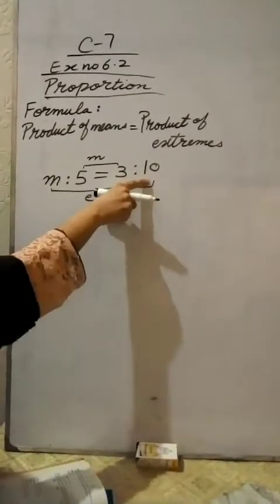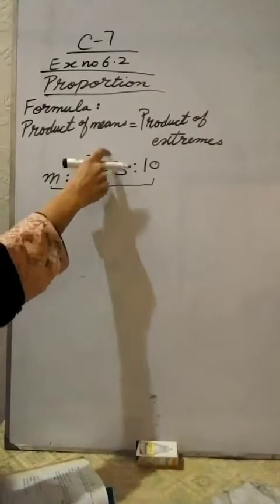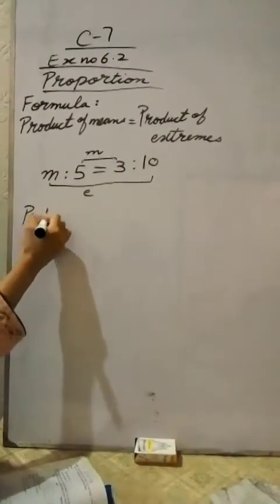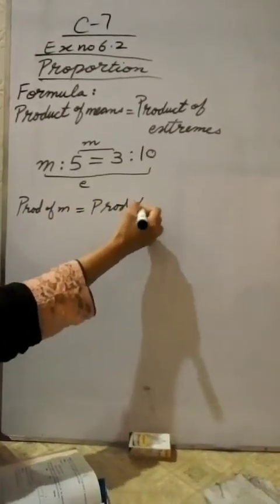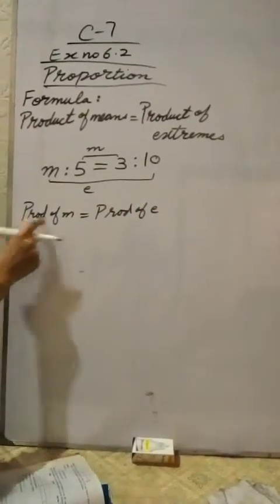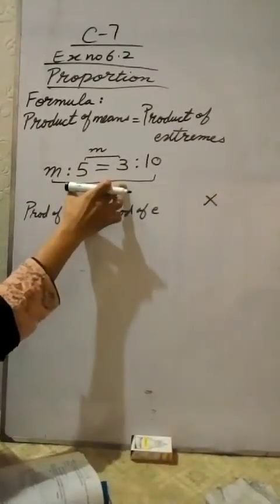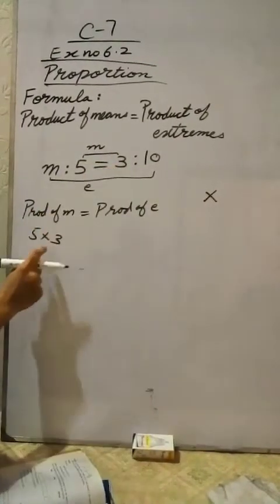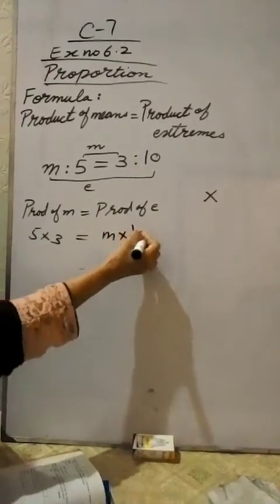We always write the formula: product of means equals product of extremes. So what is the meaning of product? Product means multiply. Write your means, 5 multiplied by 3.